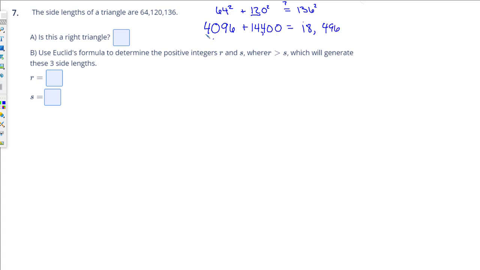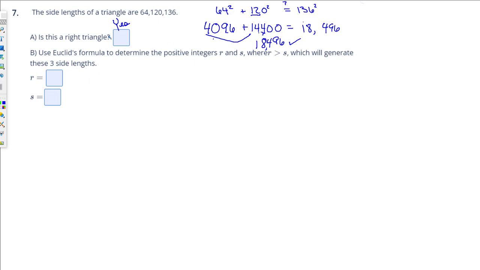So if I was to come over here and add these two together, I'd have the 96. The 4 doesn't have anything to add to, so the 4 plus 4 is 8. And then the 1. So those do add together, so this is a right triangle.